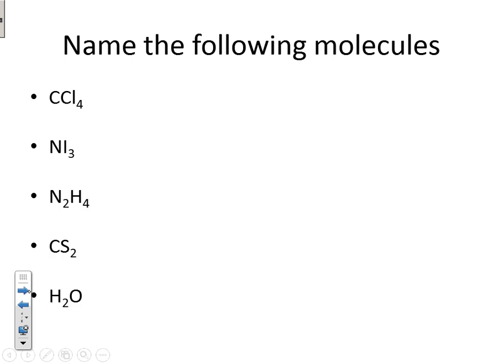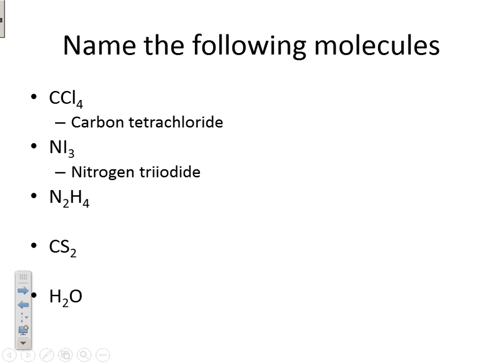So just some examples. Name the following compounds. So CCl4, 1 carbon, 4 chlorines. Prefix for 1 is mono, prefix for 4 is tetra, but I'm not going to use mono on the first one because we don't use mono on the first one. So this would be carbon tetrachloride. Next one, NI3, nitrogen, prefix for 3 is tri, and I have iodine, but it's going to be iodide, so it's nitrogen triiodide.